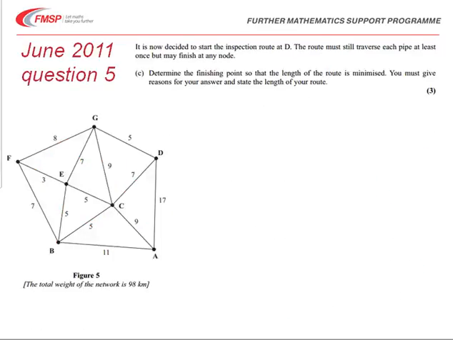In the next part of the question, there's a slight change. We're told we can now start and finish at D. Now the relevance of this, of course, is that D is an odd node. So if we start at an odd node, we need to finish at some other node.